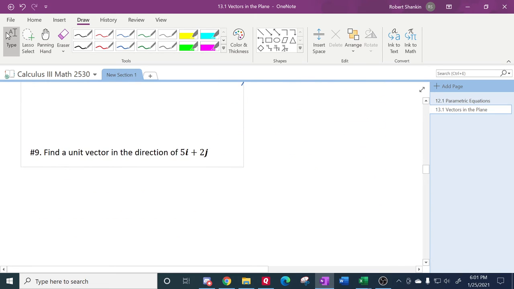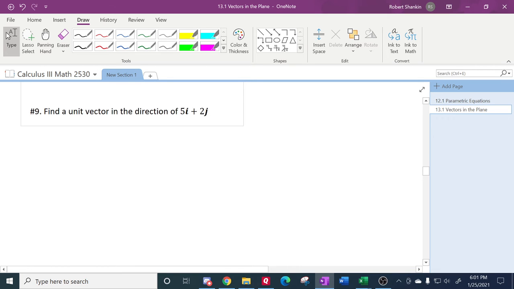And then find a unit vector. So a unit vector has magnitude of 1 in the direction of 5i plus 2j.